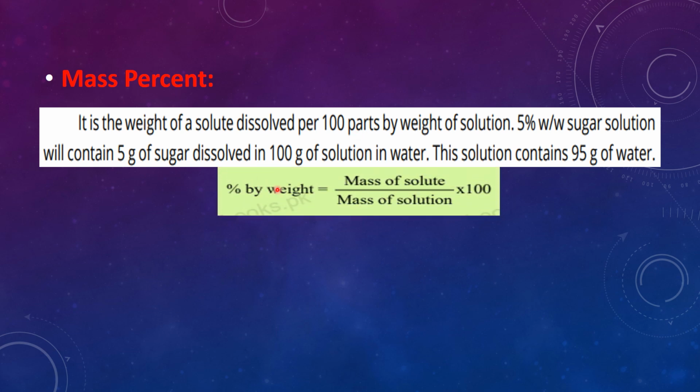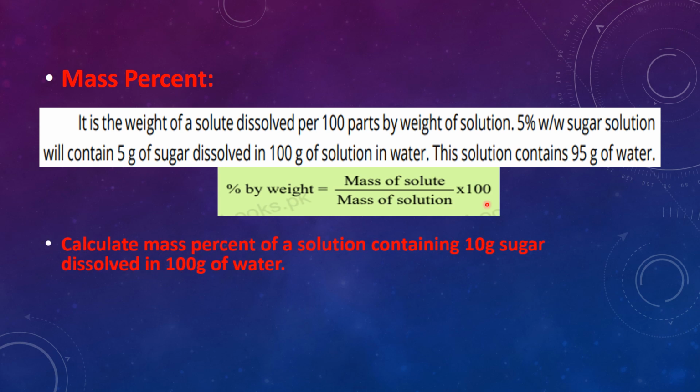So percentage by weight means mass of the solute divided by mass of solution multiplied by 100. An example is given here: calculate the mass percent of the solution containing 10 gram sugar dissolved in 100 gram of water.